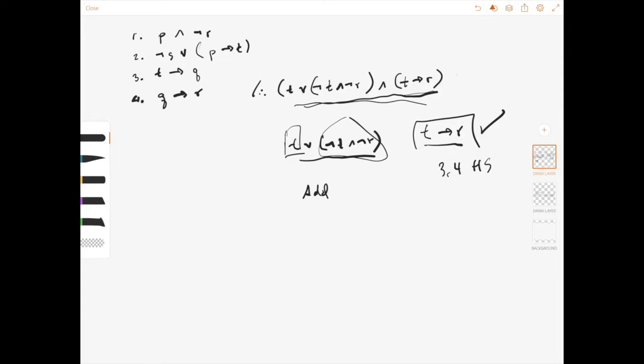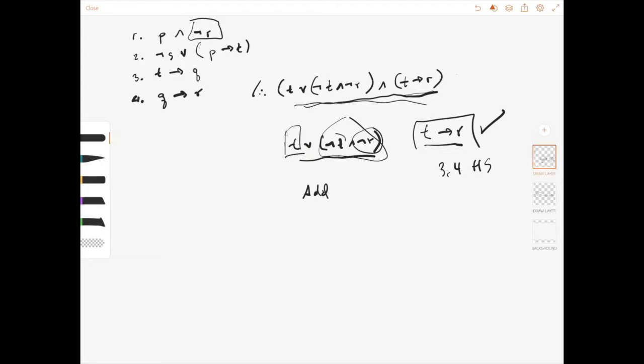Looking at this proof, it makes you wonder, where could we get either T or the expression not T and not R? One of the things that I noticed in the premises is that we already have not R in the first premise. It's very easy to derive by simplification. So we could at least get the not R part.